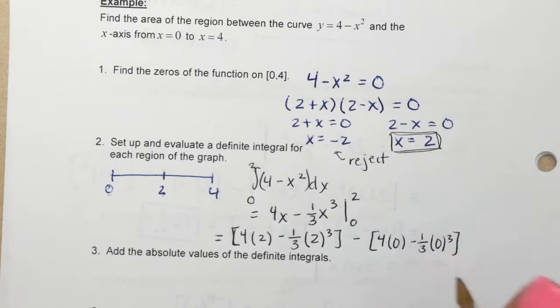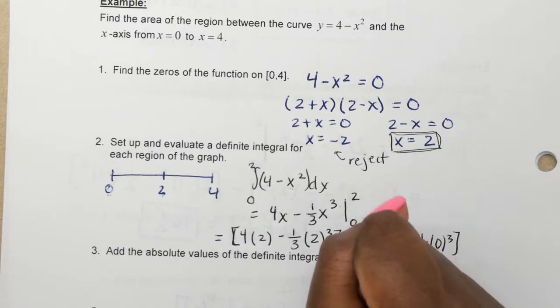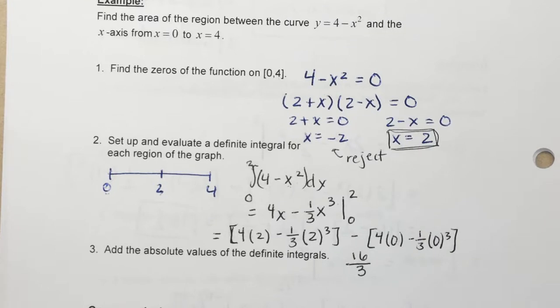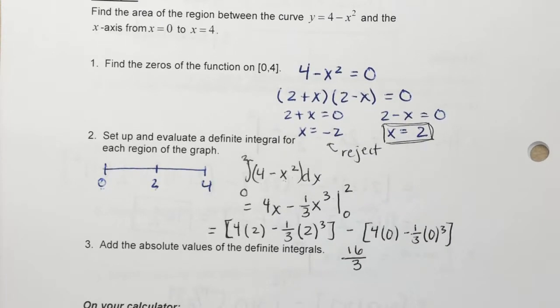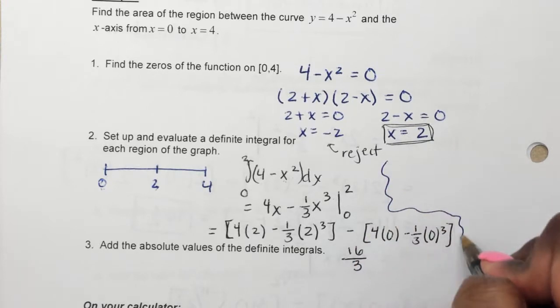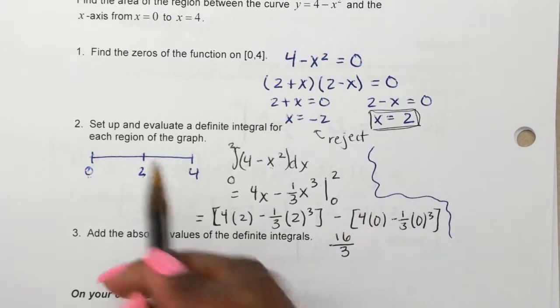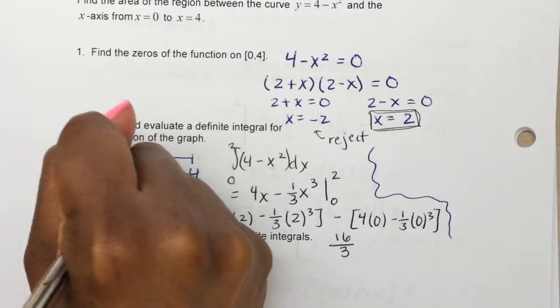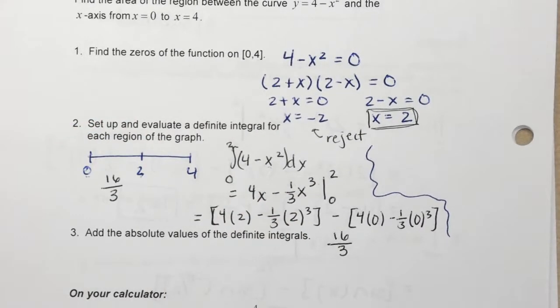And when we do that, we get 16 over 3. I might just run out of space, but I'll try my best here. Okay, so that's from 0 to 2. So from 0 to 2, we got 16 over 3 as our area.